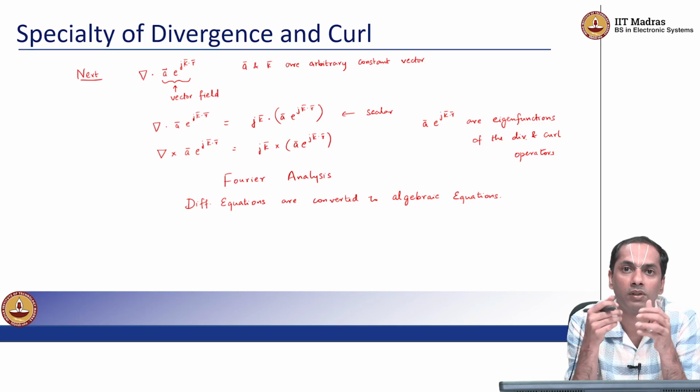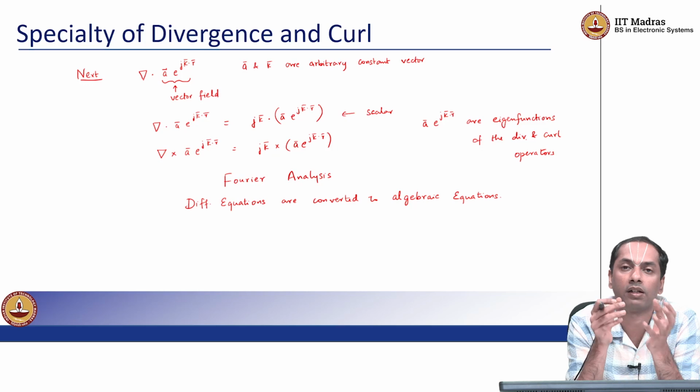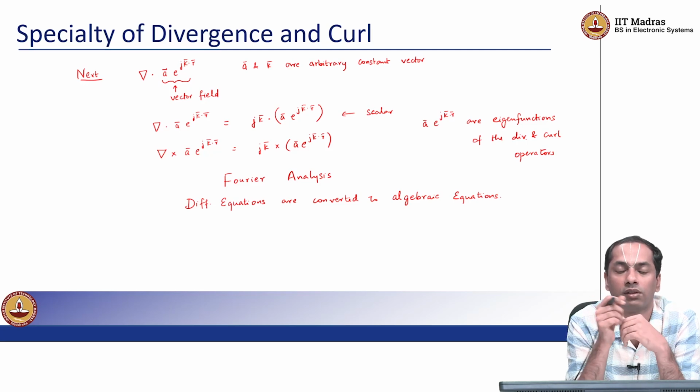And for each of these vector fields, the del dot and del cross is essentially translating into algebraic equations, and since the Maxwell's equations are linear, right, I can simply superpose all these individual equations in order to get the net field, right.